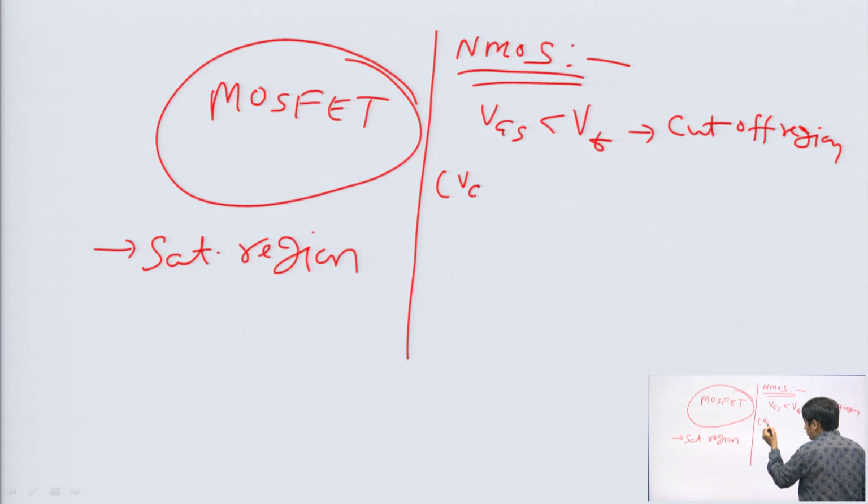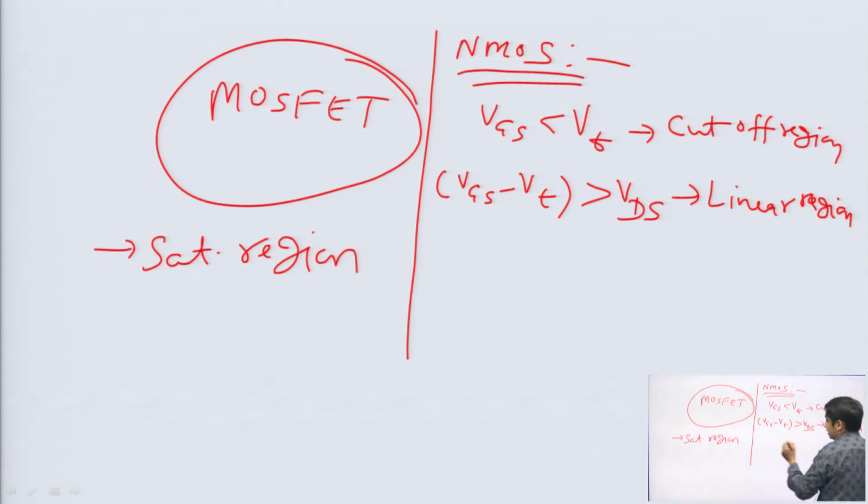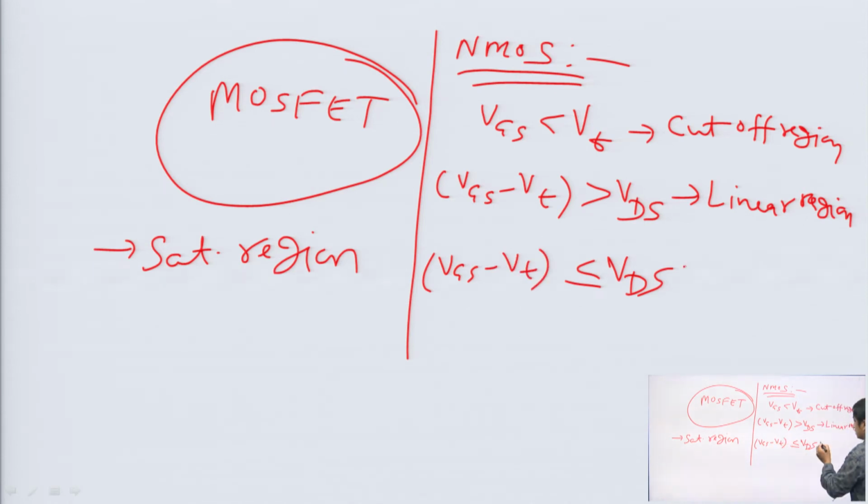And if your overdrive voltage VGS minus VT is greater than drain to source voltage, then your NMOS will be in linear region, that is also called triode region. And if your drain to source voltage is greater than or equal to overdrive voltage VGS minus VT, then your MOSFET is in saturation region.